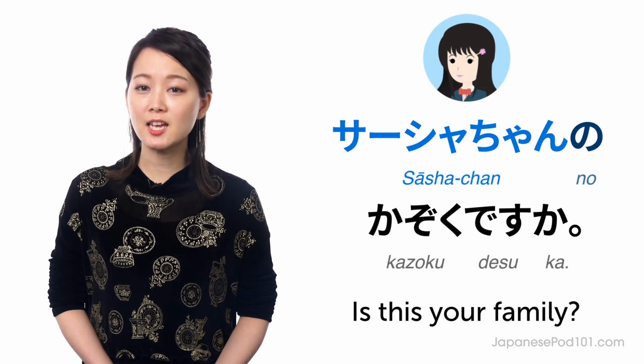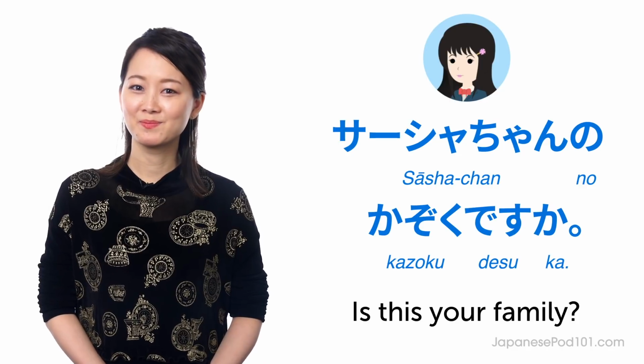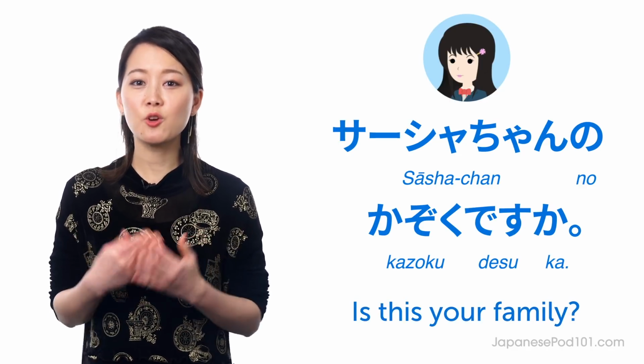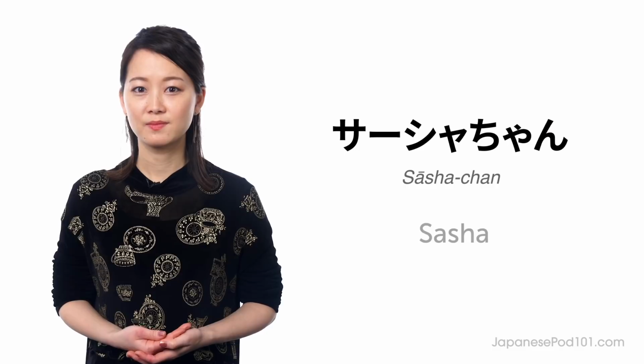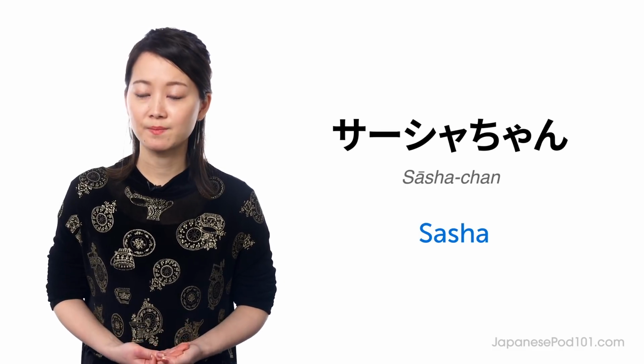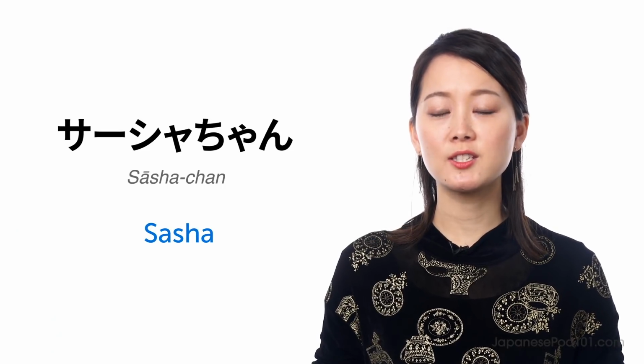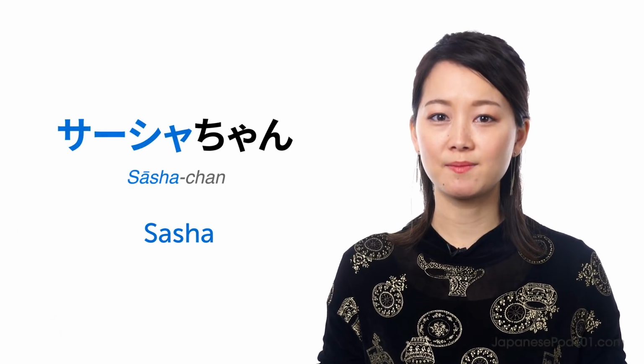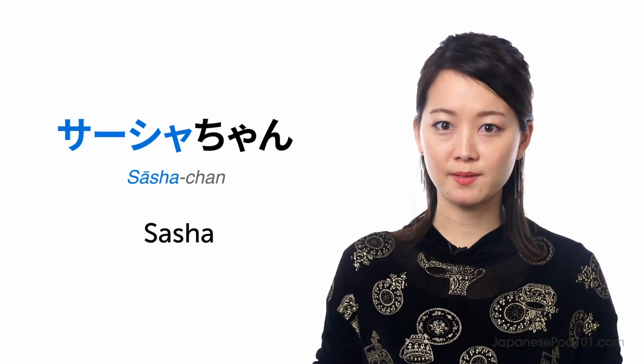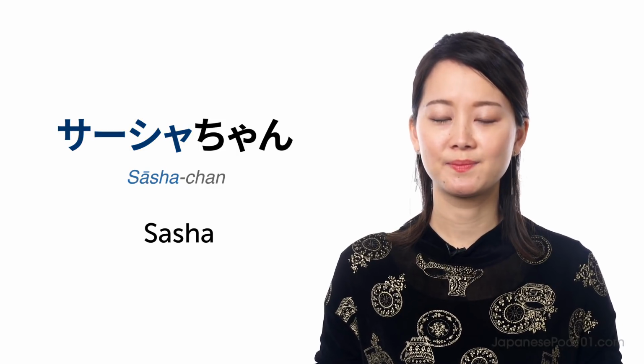Did you notice how Sasha's friend refers to her in the question, Is this your family? サーシャちゃんの家族ですか？ She calls Sasha, Sasha ちゃん. This starts with Sasha's name in Japanese, サーシャ.